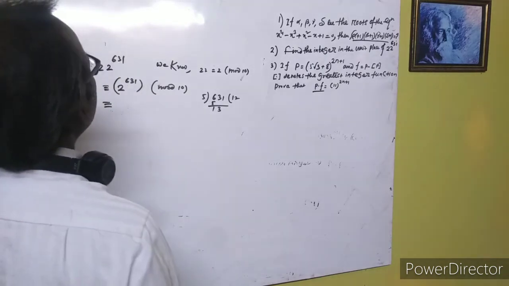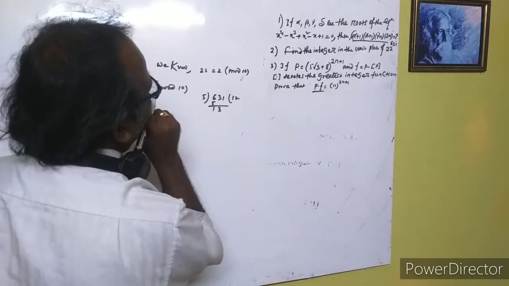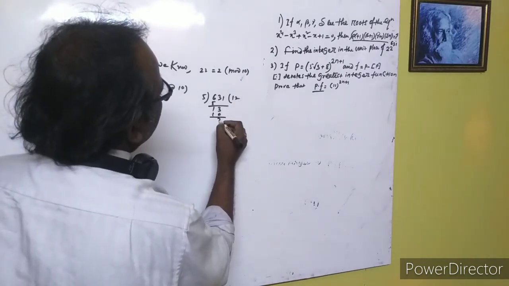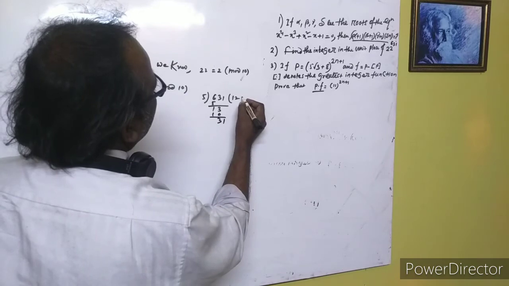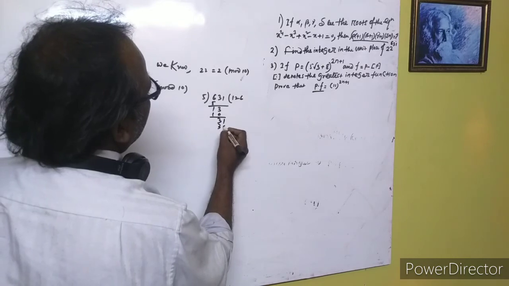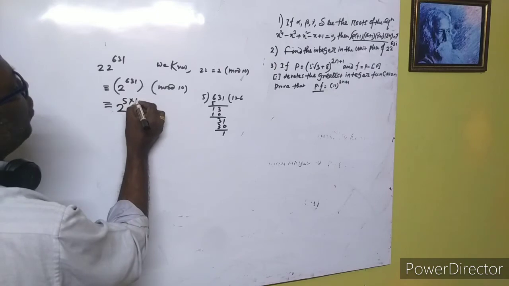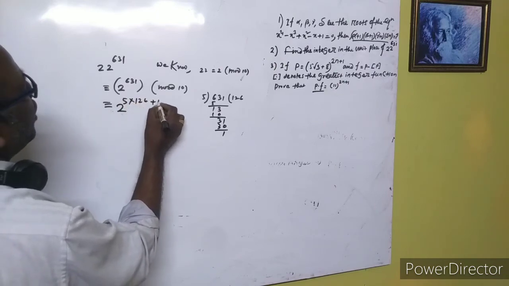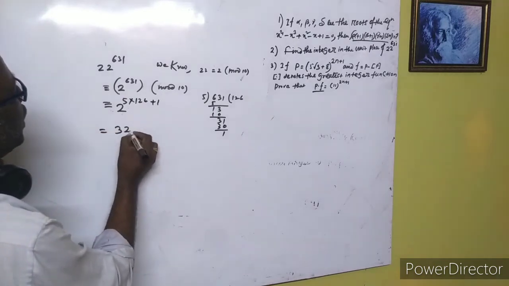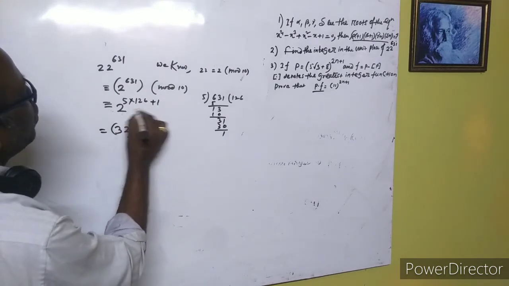There was some mistake. Okay, 631. Right now if we divide this, we get 126 and the remainder here is 1. So 2 to the power 5 into 126 plus 1. And this is equal to 32 to the power 126 into 2 to the power 1.